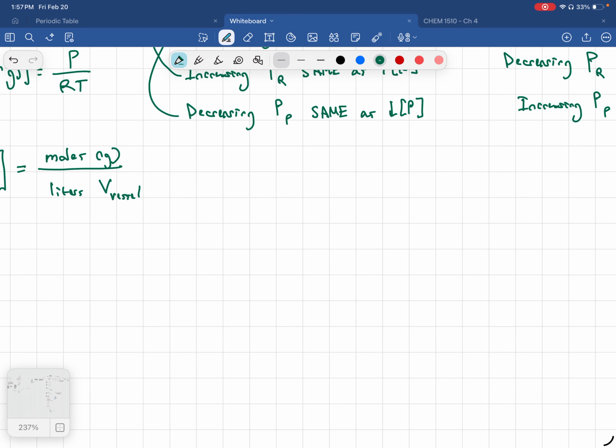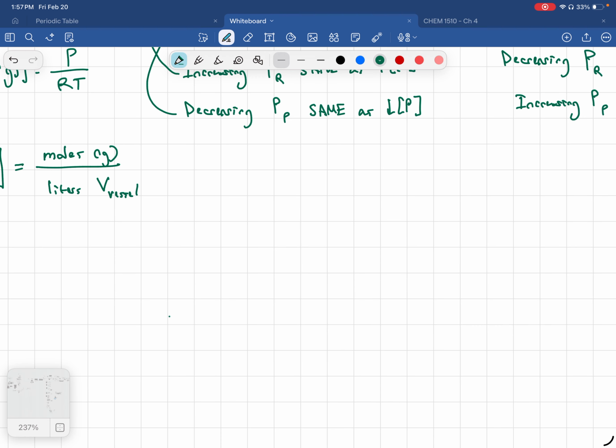So let's imagine that we have a vessel here that has a piston. Piston just means we can move one of the walls of our container to increase or decrease the volume of the container.